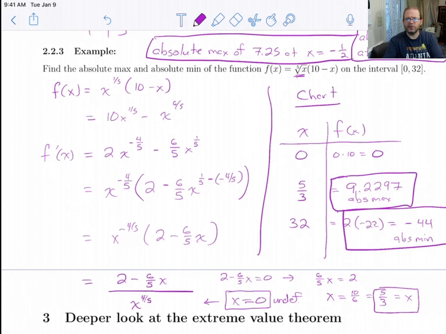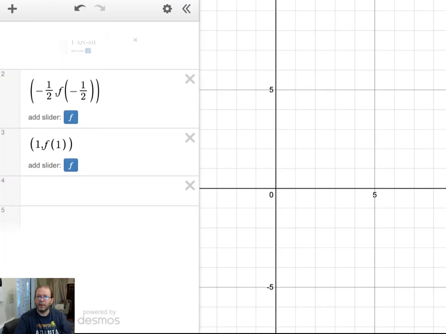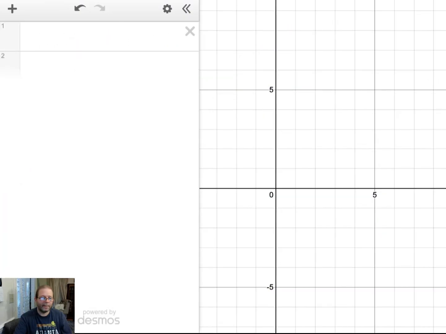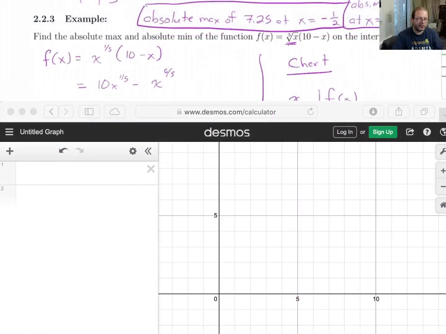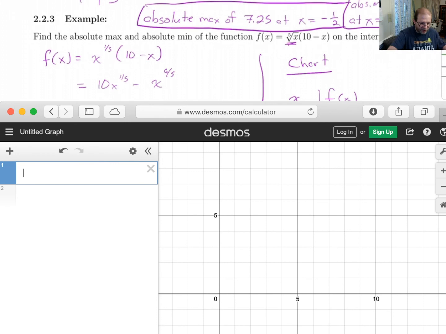Now let's look at this one on Desmos as well. Actually, let's get them both on screen at the same time. So to get this into Desmos, I've got to type in y equals, now fifth root of x, the easiest way to do that is just to do x raised to the 1/5.